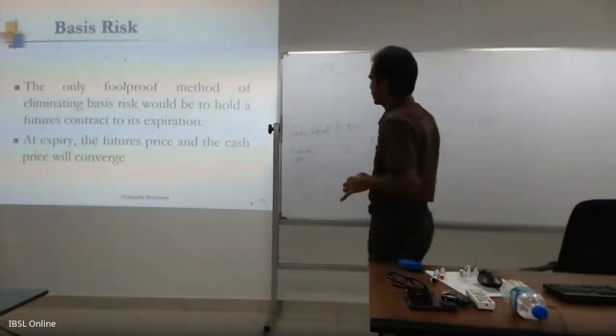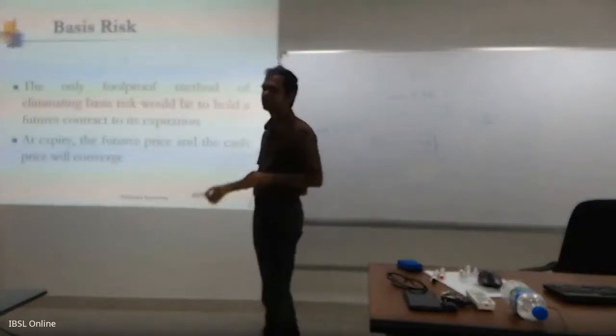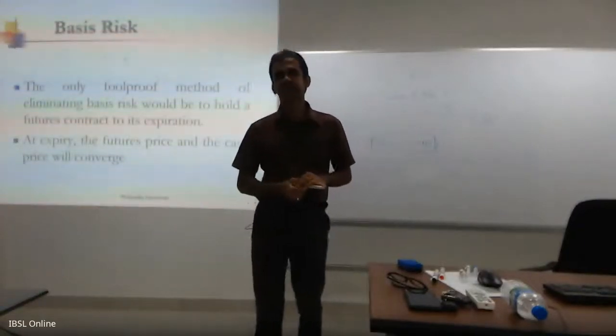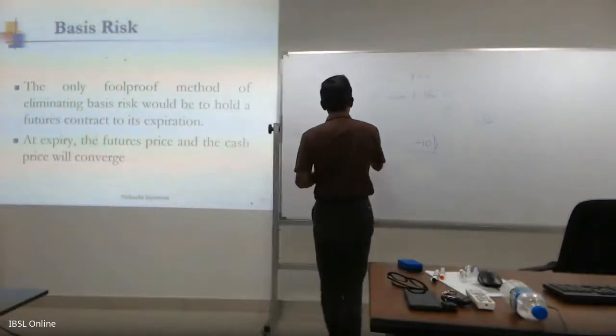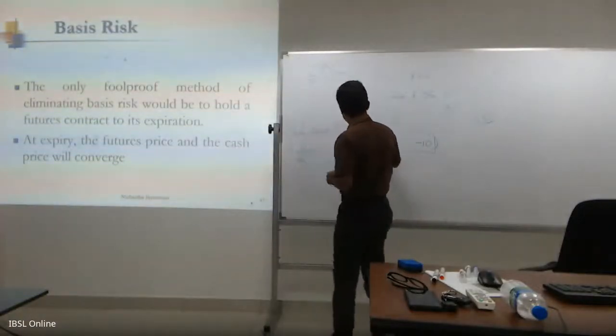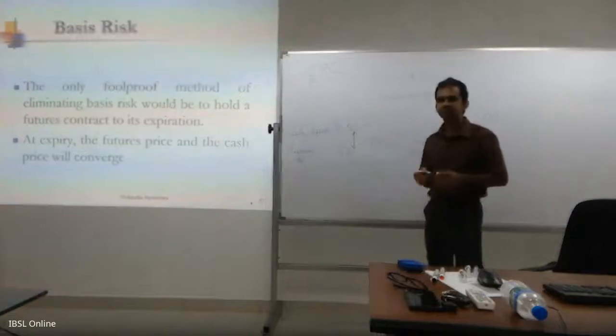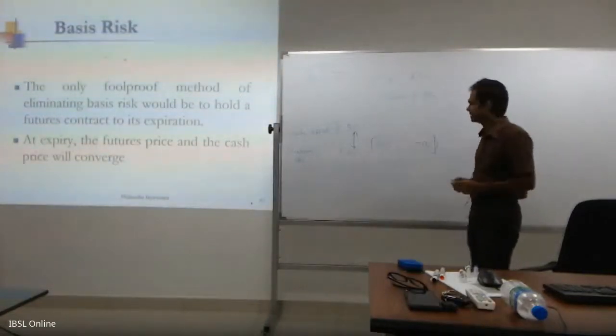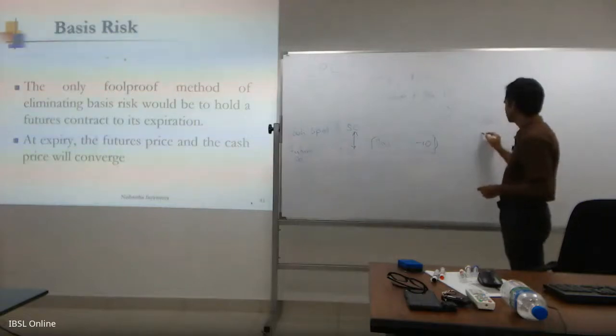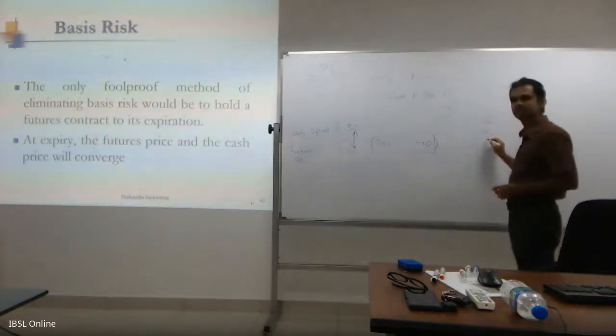The only way to get out is to hold it until maturity. Why is that? You had 50, 60 here. The difference is 10. On maturity, what happens?